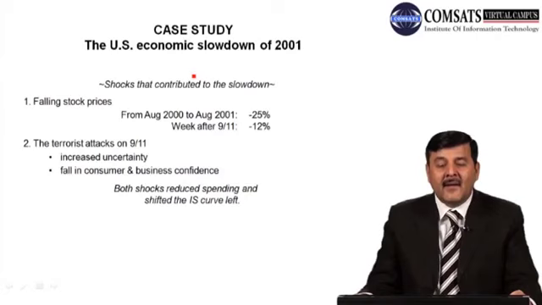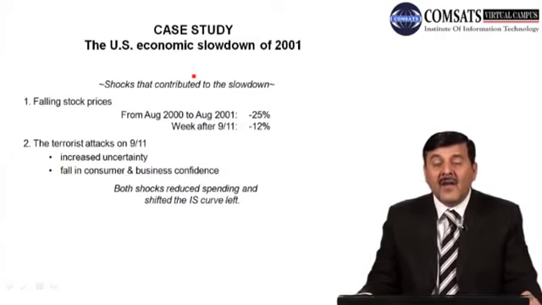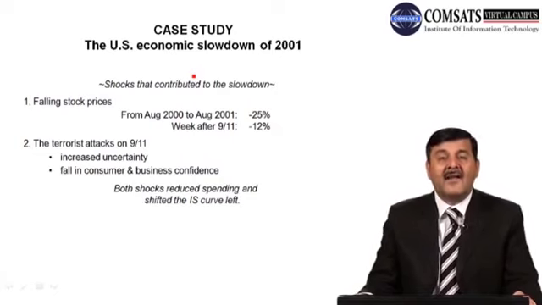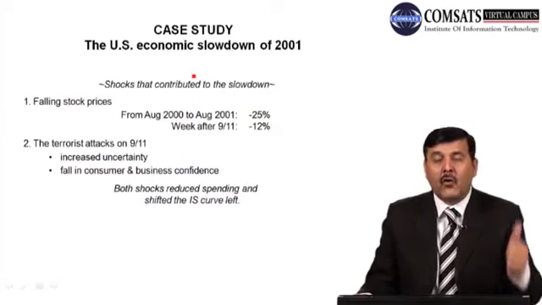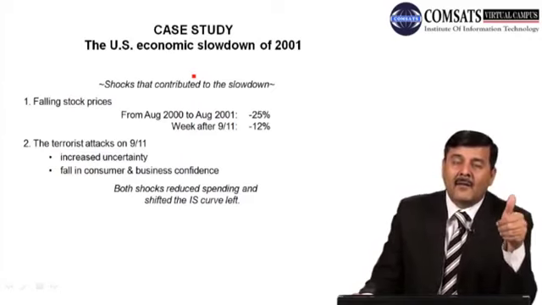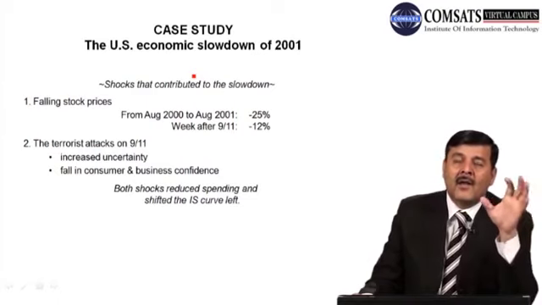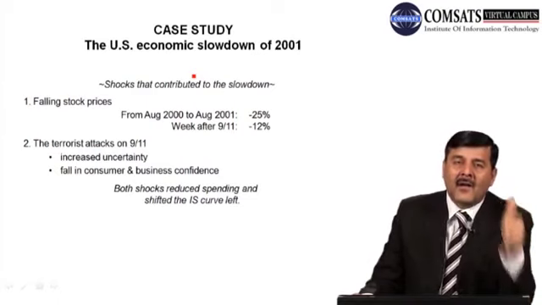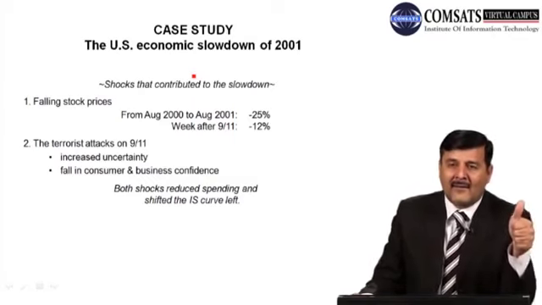There was a decline in stock prices of 25% from August 2000 to August 2001, and a week after that, when there was the 9/11 attack, there was a further decline in stock prices of 11%. So this was the biggest shock, and the economic slowdown in the US economy was because of the fall in stock prices.